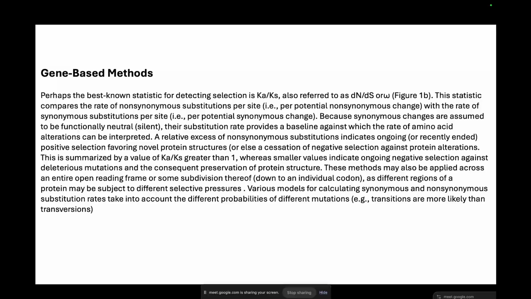All these factors you can accumulate and make a probabilistic model. This is how synonymous mutations should appear, and this is how non-synonymous mutations should appear with respect to a null hypothesis. Then you see what is there in your data, and if it is deviating significantly, you accept the alternate hypothesis and you see a statistical difference between them.